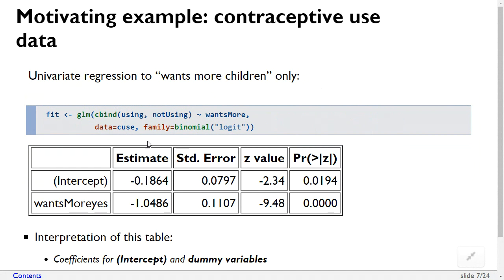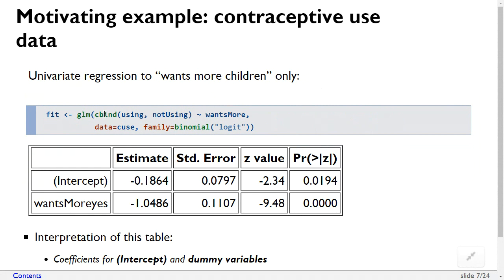And just fitting a simple univariate logistic regression model, I'm taking the one that is probably going to be the strongest predictor of contraceptive use, whether they want more children.